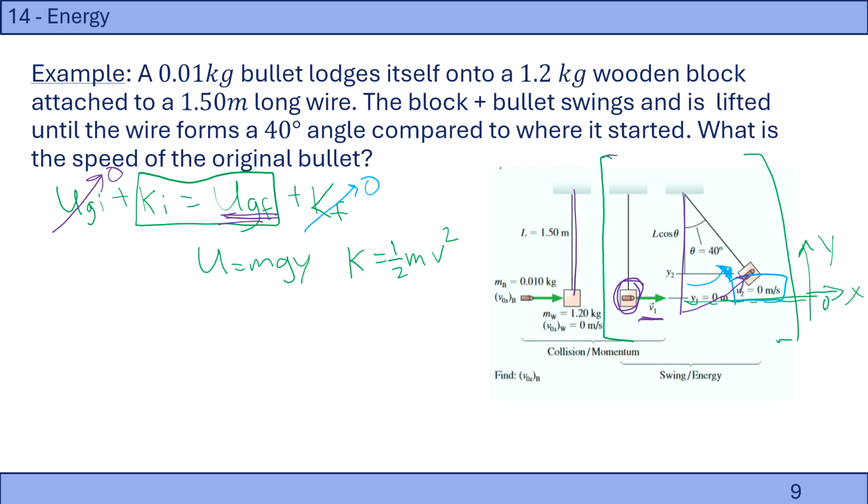You should be able to find this using geometry. So let me draw a picture down here, like this, 40 degrees. You should be able to find what this height is, delta y. And the drawing has given you a clue by drawing this triangle here for you.